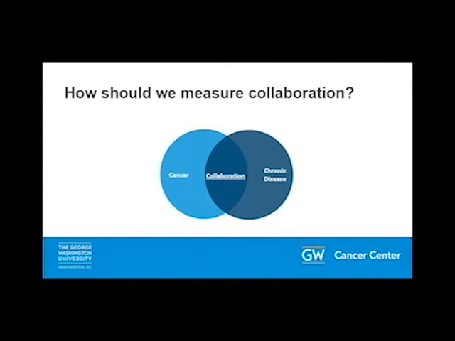So we have received questions about how cancer control coalitions could measure coalition collaboration as well, and I think that what we've learned through our initiative through the Community Roundtables is very applicable for measuring coalition collaboration.